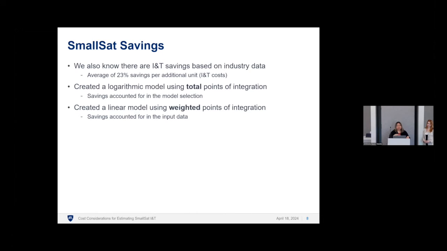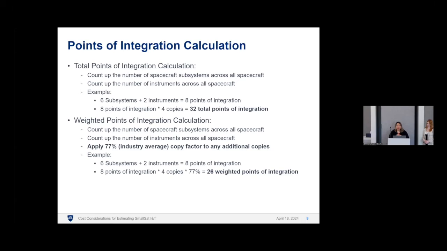This accounted for cost savings in the model selection. We also did it using a linear model and did a weighted points of integration, and that accounts for savings in the input data. And how you calculate points of integration.